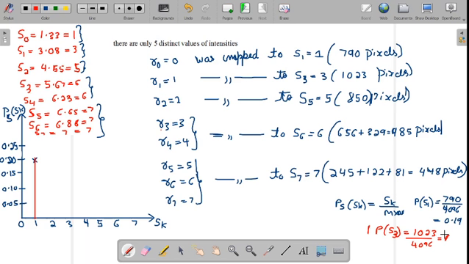I'm getting it as 0.24. So for 2 there is no value. Just observe here, 1 is present, 2 is not present. At 3 it is 0.24.